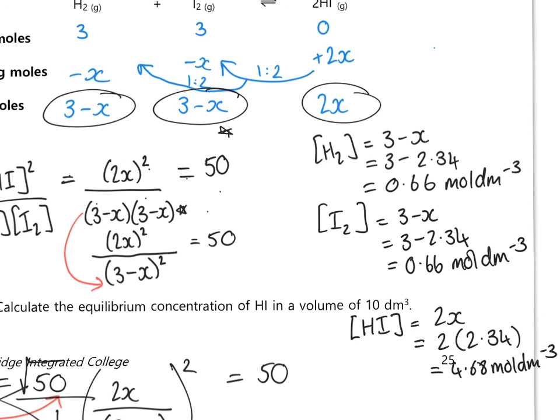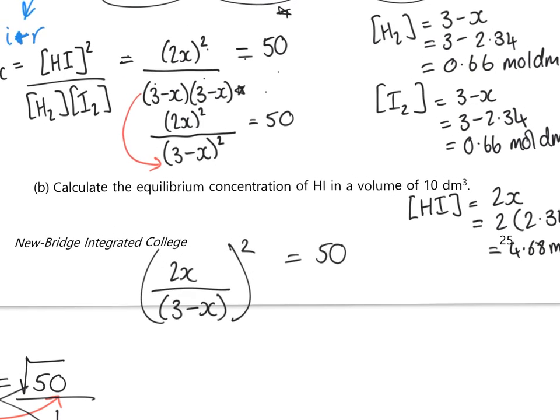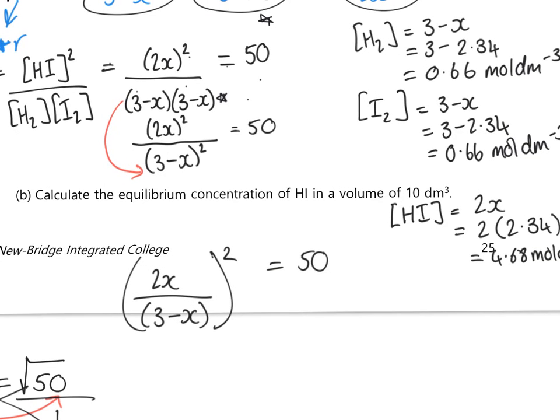Absolutely crazy. Just the very last bit, very quickly. It asks you to calculate the equilibrium concentration of HI in a volume of 10 decimeter cubed. All you do there is use your C equals n over V. We've worked out that the number of moles, oh, I shouldn't have used those DM3s, that's my fault, sorry, I've scored them out, because those are just equilibrium moles.